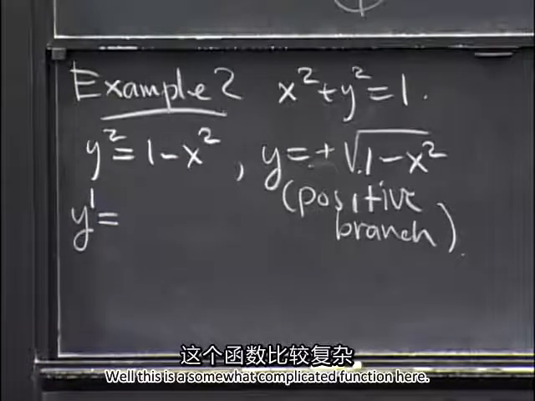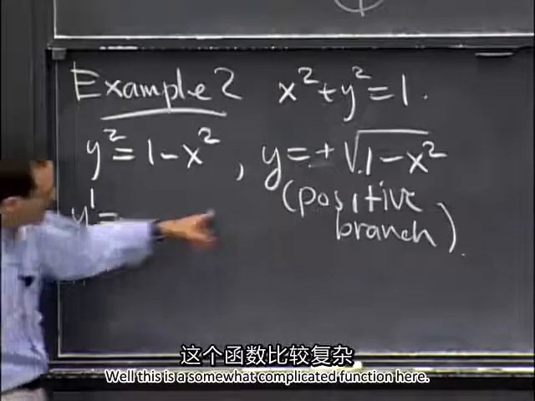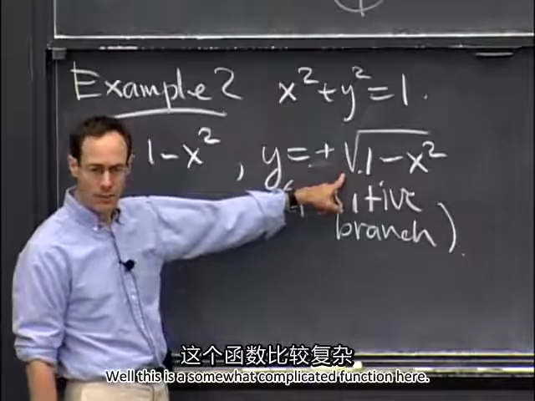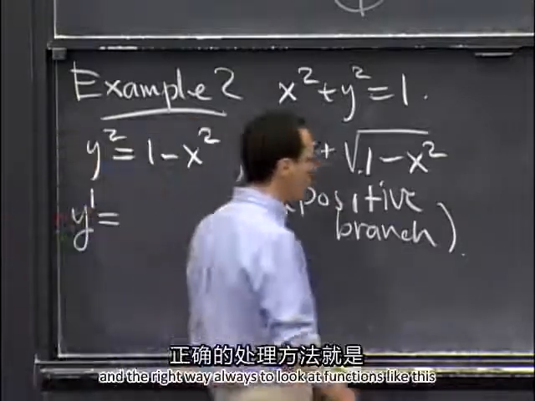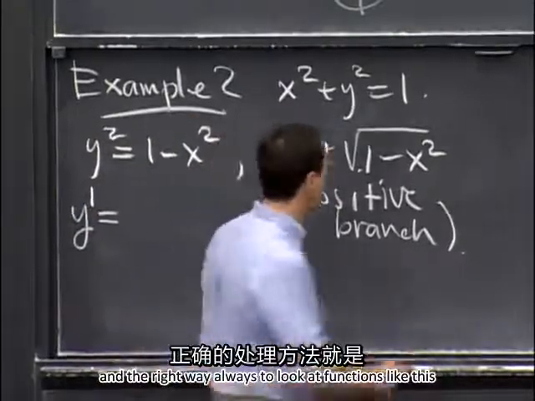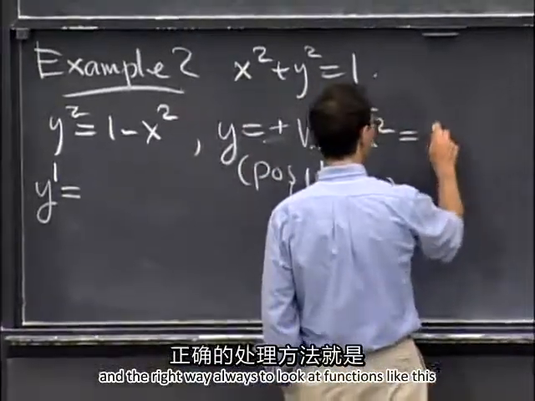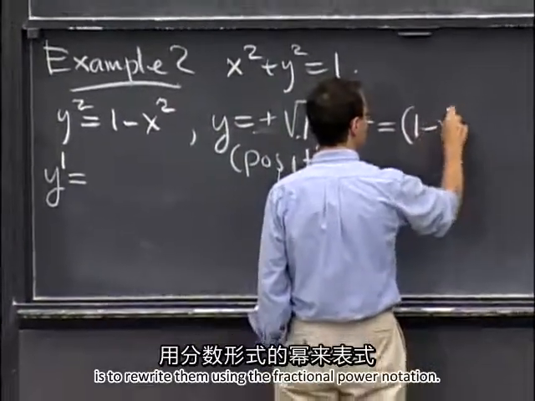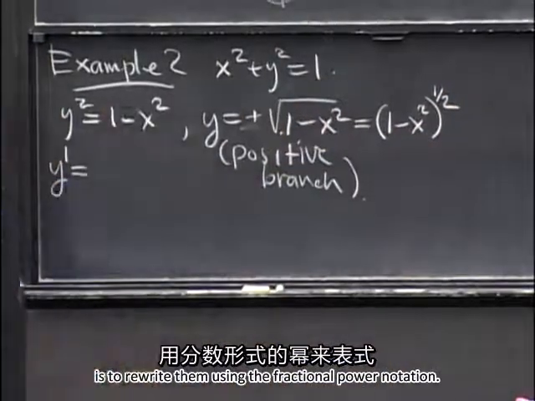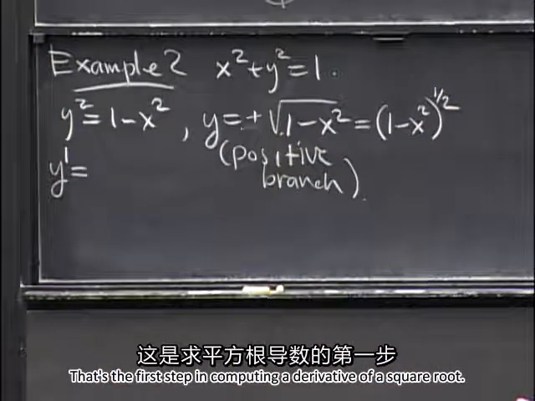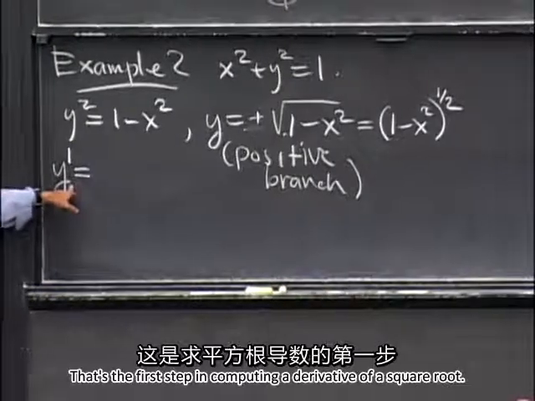Well, this is a somewhat complicated function here. It's the square root of 1 minus x squared. And the right way always to look at functions like this is to rewrite them using the fractional power notation. All right? That's the first step in computing a derivative of a square root.